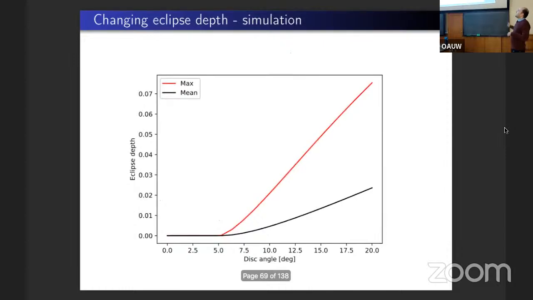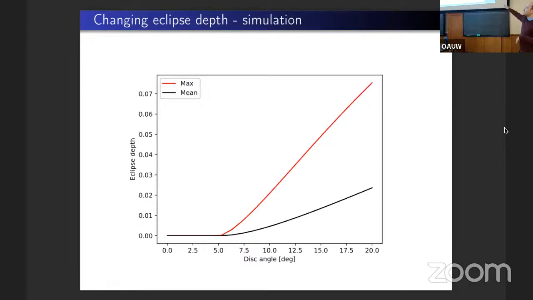So I made a more quantitative plot. Here is the disk angle again, so how far the disk is outside of the orbital plane. On the y-axis is the eclipse depth that we predict. The red line is the maximum eclipse depth that we expect, and the black line is the median value across all superorbital phases.